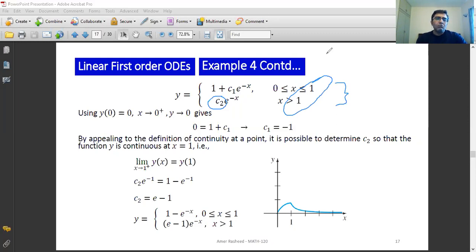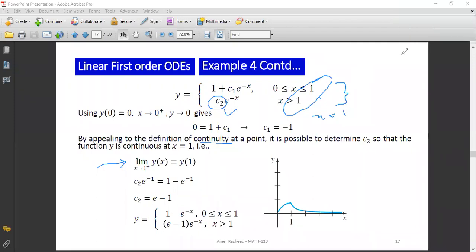If we assume that the solution is a continuous function at all points of the domain, then we can use the condition of continuity at x equal to 1 in order to find this constant C2. This is the condition of continuity, whether a function is continuous at a point. I hope you know this, as you have already studied continuity in your calculus math 101 course.